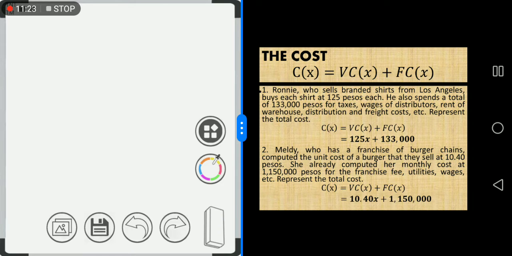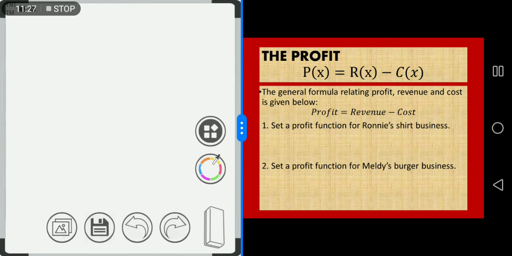Okay. So, let us proceed. So, for the profit, yun nga, sabi nga natin, profit is the difference of the revenue and the cost. So to find the profit function, all you have to do is to subtract the revenue function and the cost function. So, for number 1, para kay Ronnie, ang kanyang profit function will be equal to the revenue function.